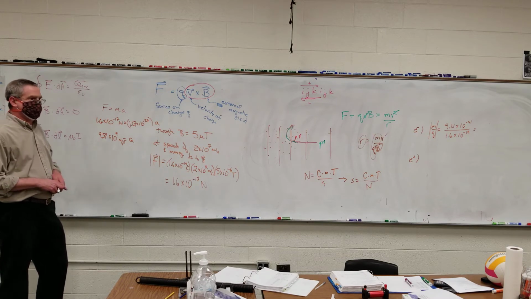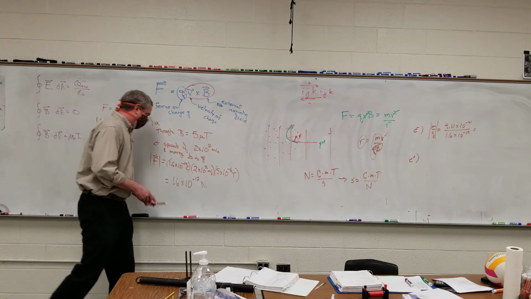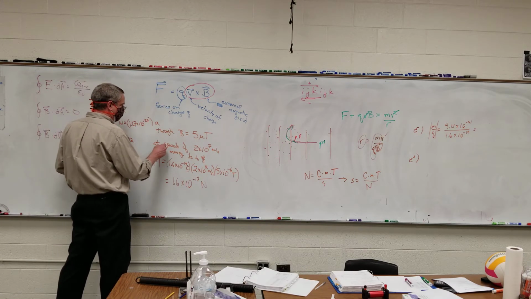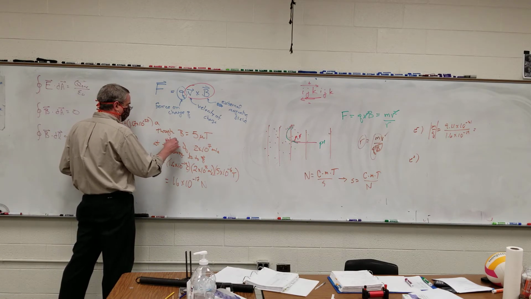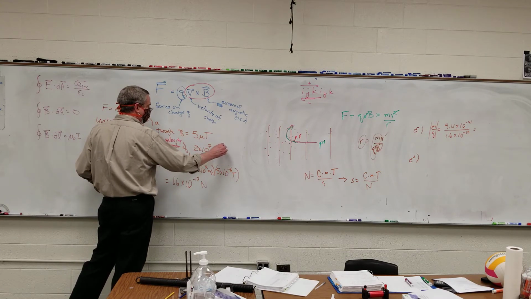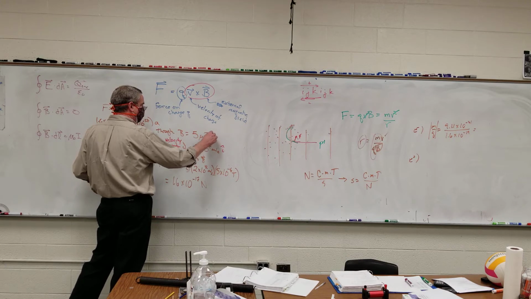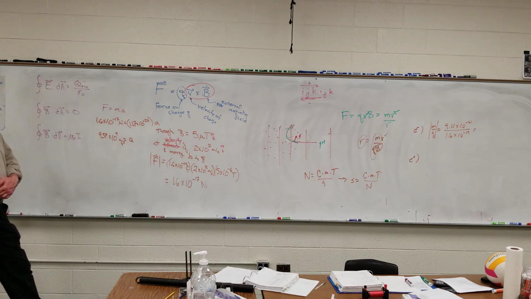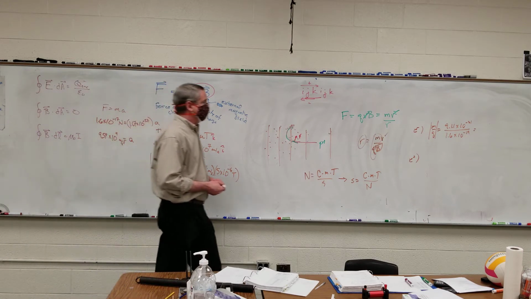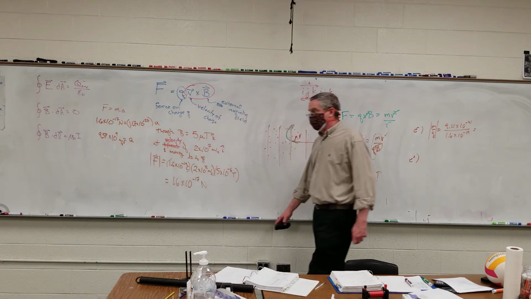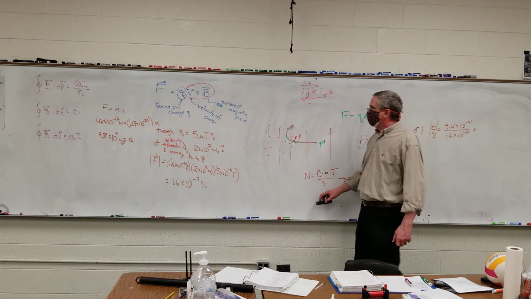Alright, so let's throw some directions into it. Let's change that speed into a velocity: 2 times 10 to the 7th meters per second in the I hat direction, and let's make B in the K hat direction. So we can find the direction of force now. We need to define a coordinate system, and it is assumed to be right-handed.